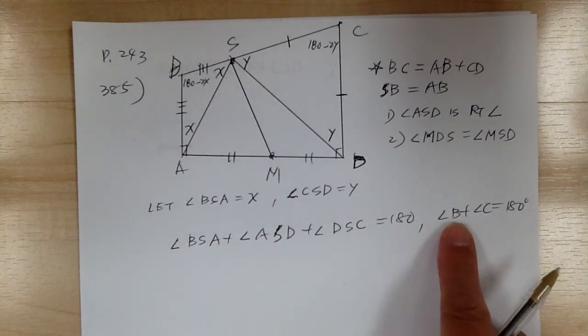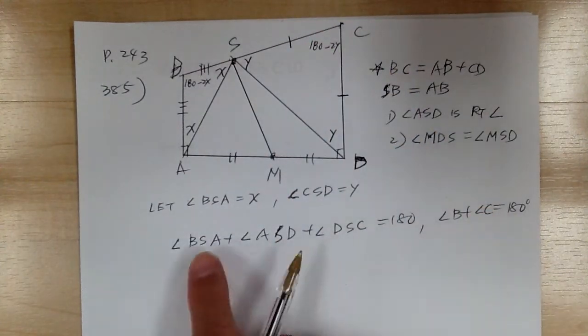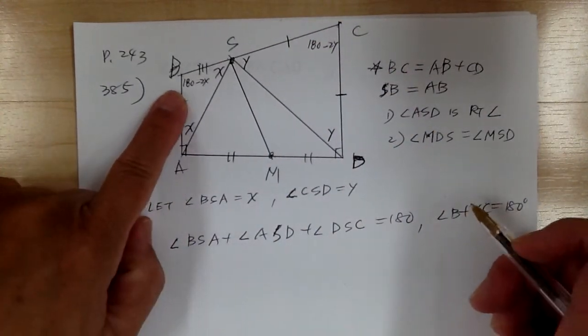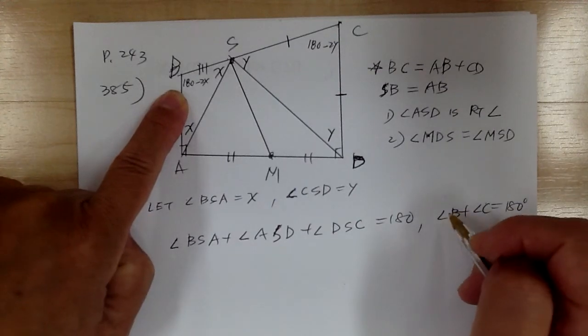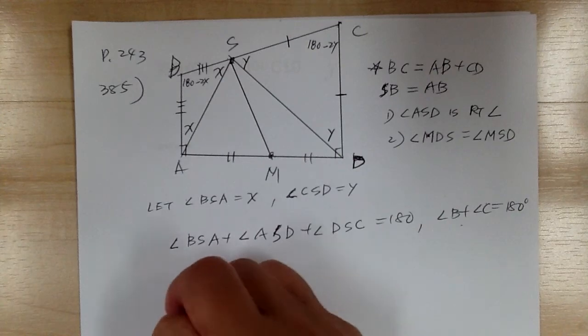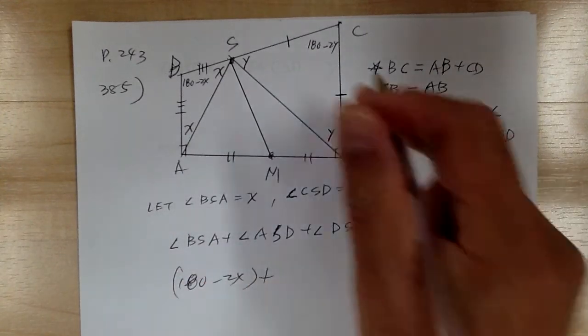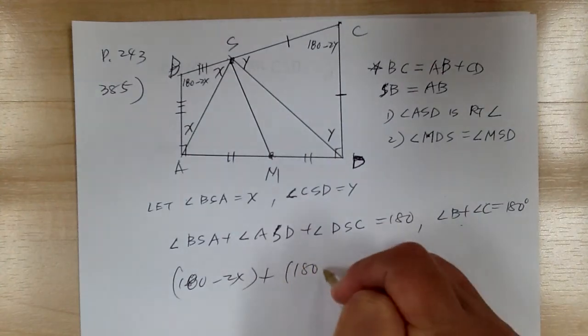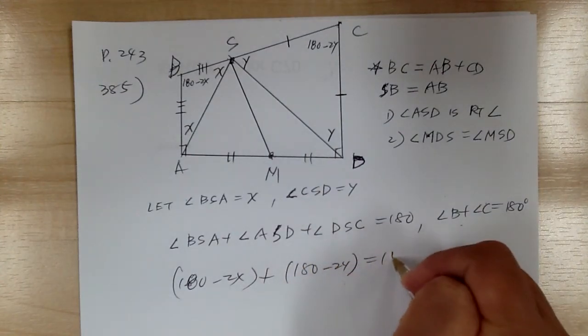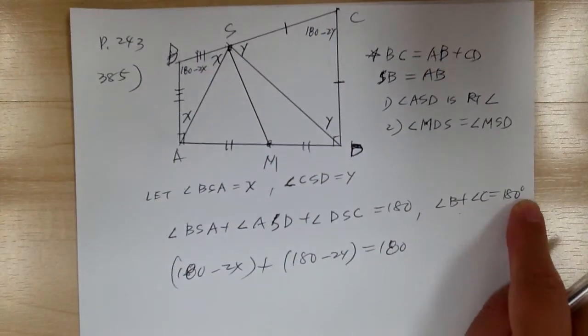Okay, so we're going to substitute this into here. Before we do this, from this equation we get angle B is 180 minus 2x. Angle C is 180 minus 2y, and this is equal to 180. Again, we're using the same side angle equal to 180.